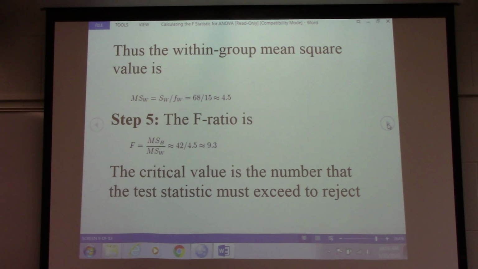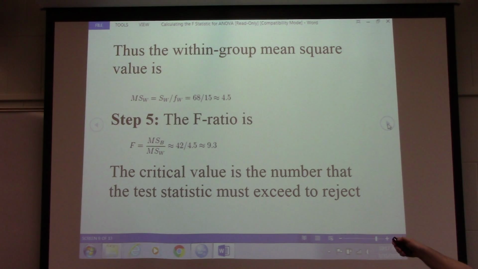The mean square value now is simply the 68 that we got for the sum of squares within, divided by that degrees of freedom, which was 15, gives us a value of about 4.5.